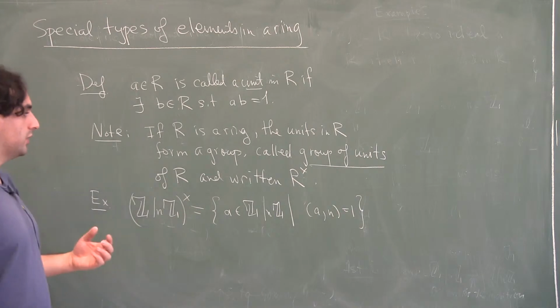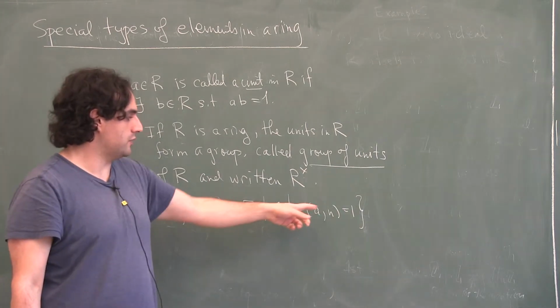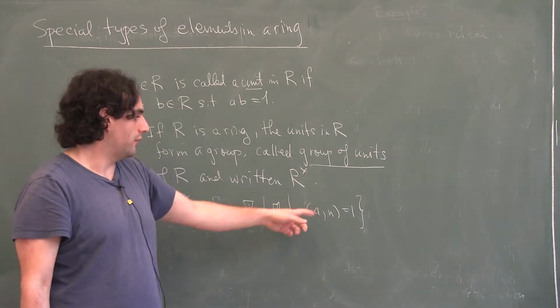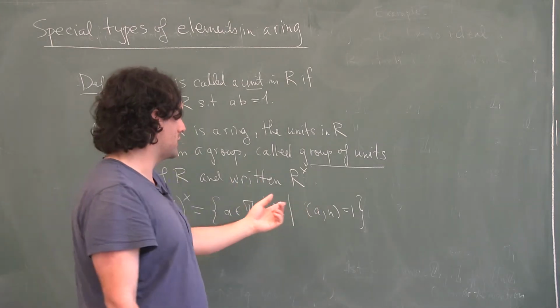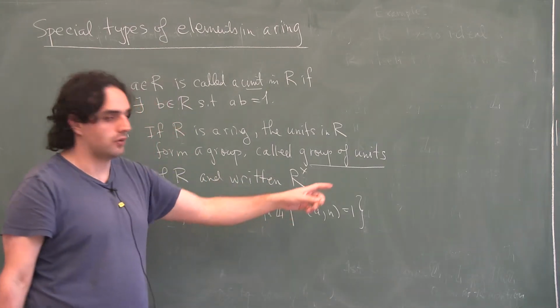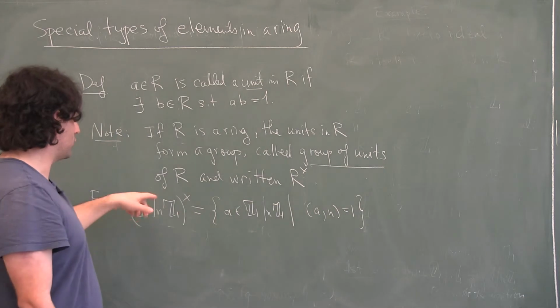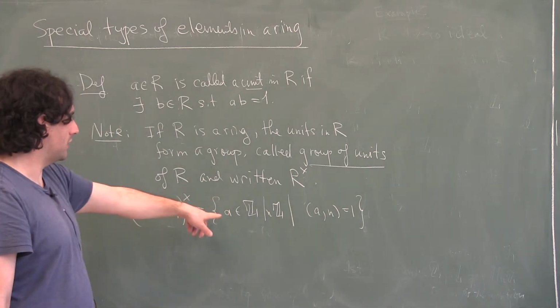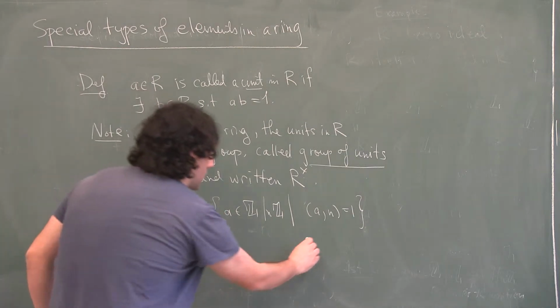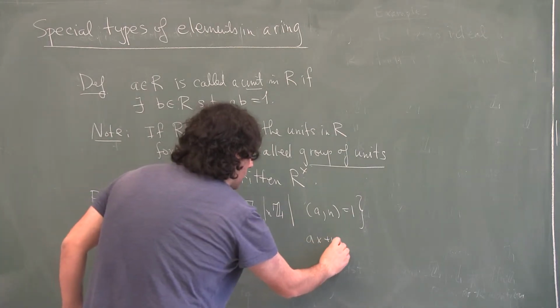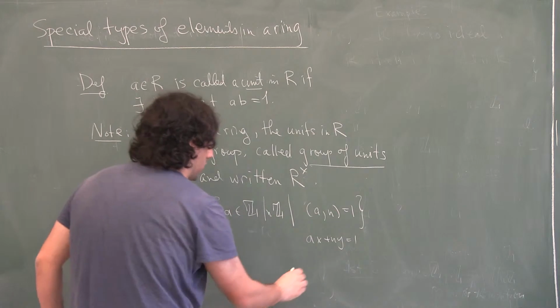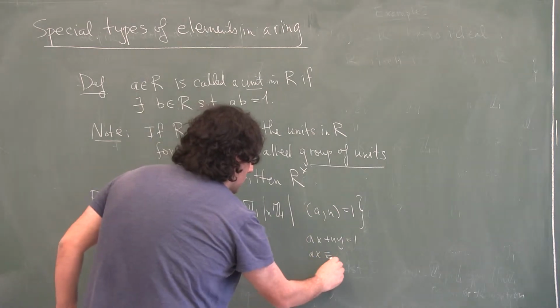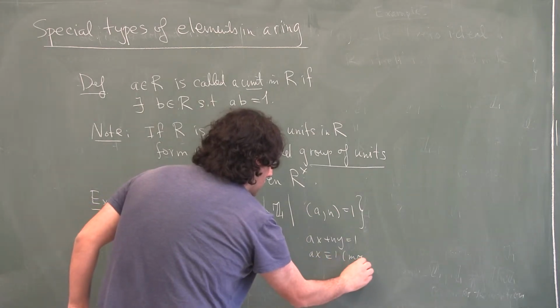Because we know by the Euclidean algorithm that if A is relatively prime to n, then we can find x and y such that ax plus ny is equal to 1, which modulo n is finding an inverse for A, right? If I have ax plus ny equals 1, then this means that ax is congruent to 1 mod n.